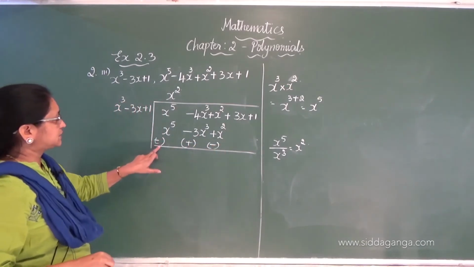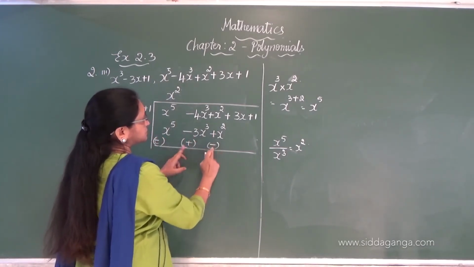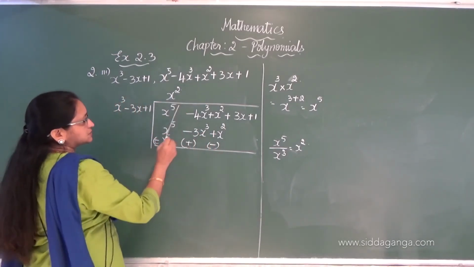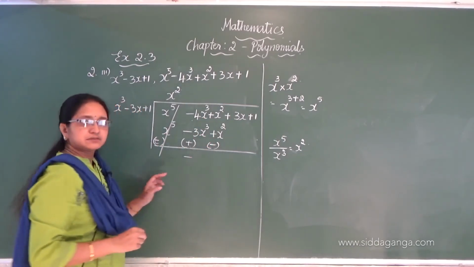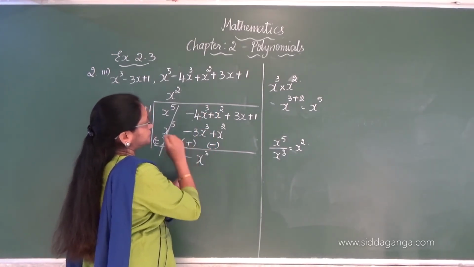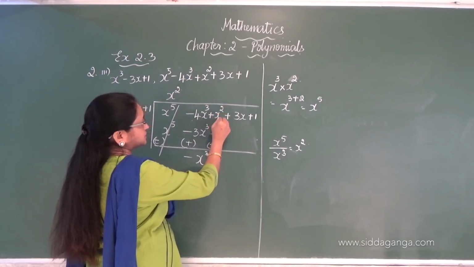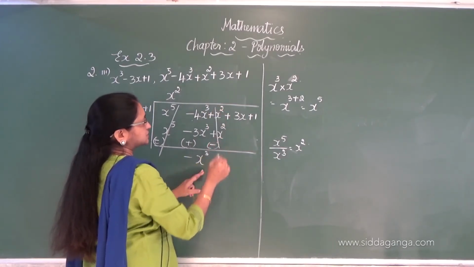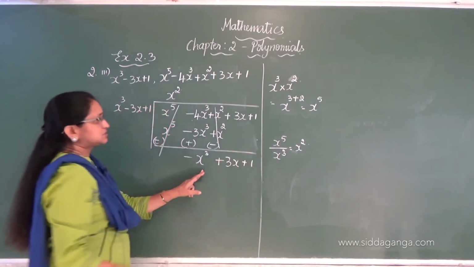Here plus is there, minus, and here minus plus plus. No, cancel. Minus 4x square plus 3x. So greater number sign, 4x cube is x cube. Then here this gets cancelled because plus x square minus x square gets cancelled. Then what remains? 3x, you can take it down, plus 1.